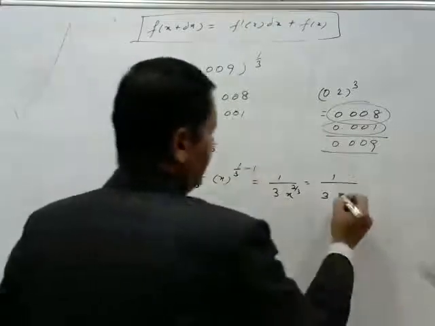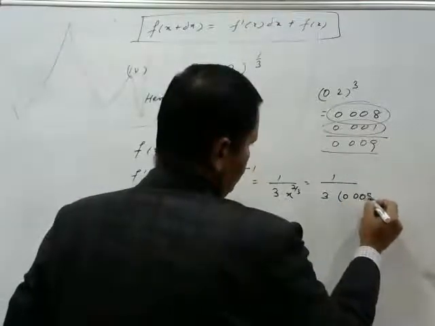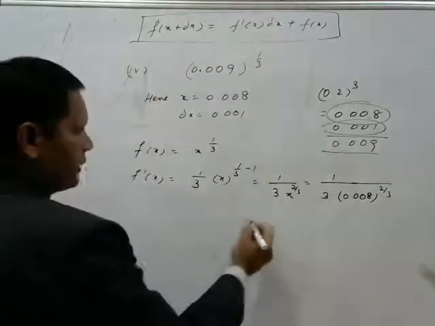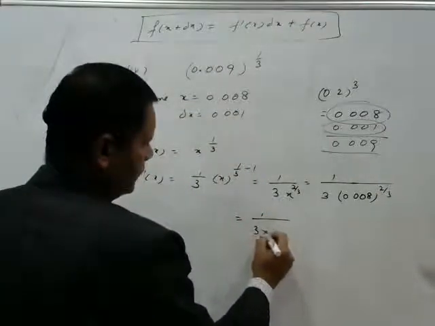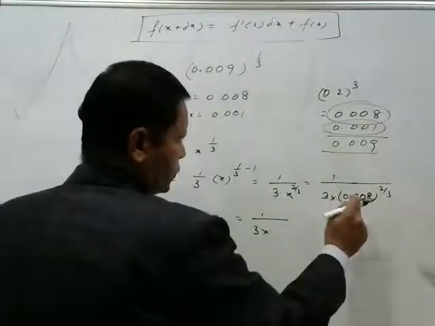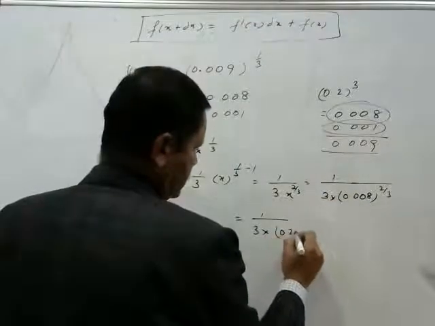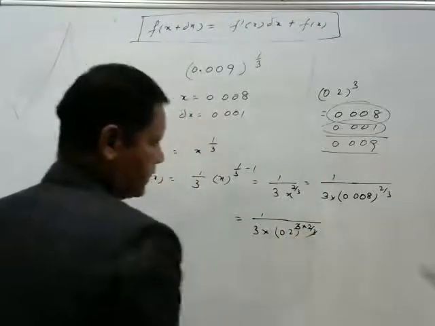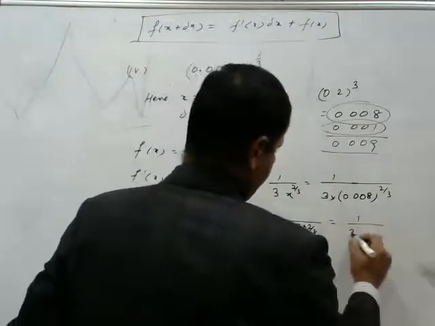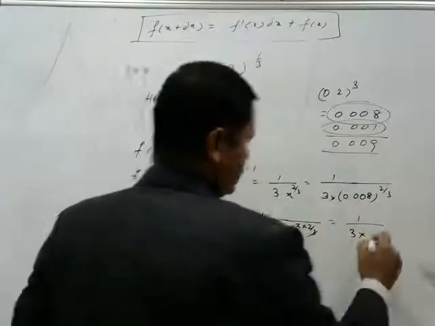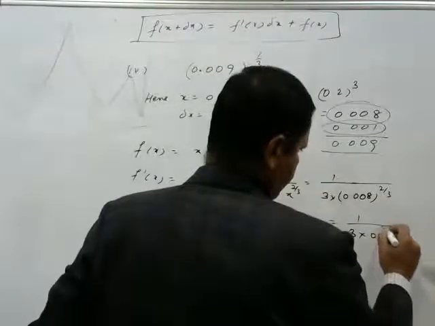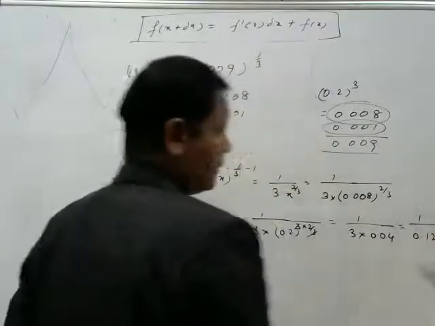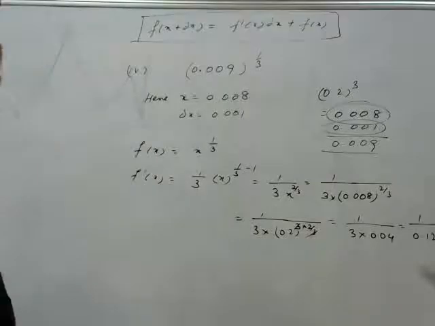X is 0.008. 0.008 to the power 2 by 3. That will give you 1 by 3 into 0.2 to the power 3 into 2 by 3. 3 and 3 is cancelled. Therefore, now 1 by 3 into 0.2 to the power 2, 0.04. That is now 1 upon 0.12. Right? This is the value of f dash of x.